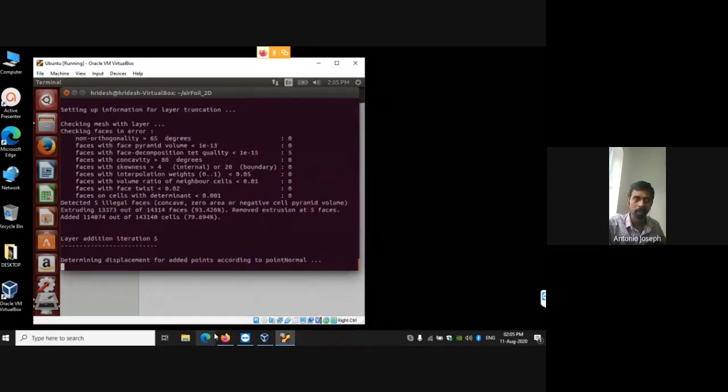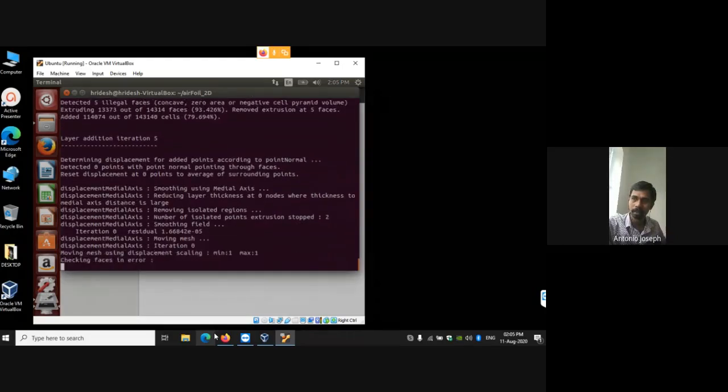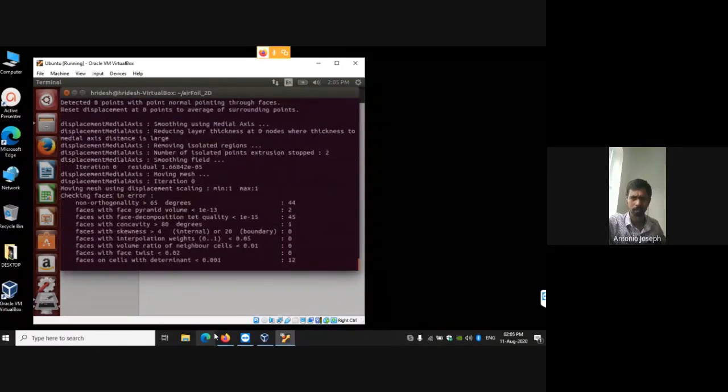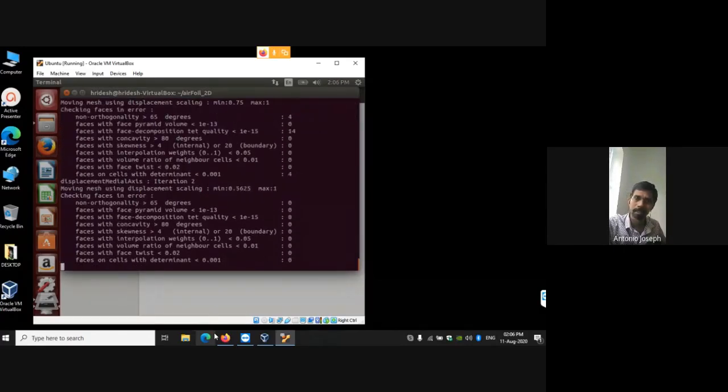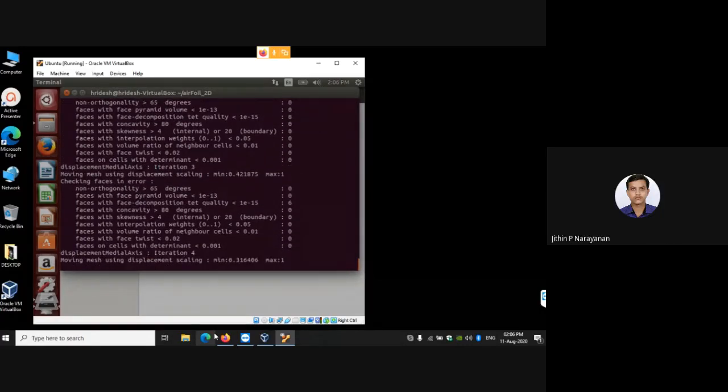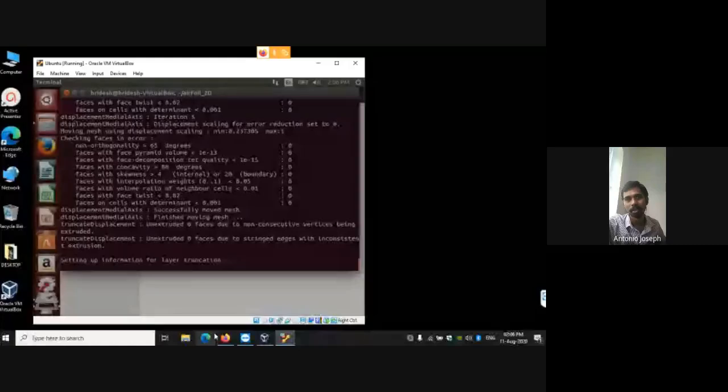Now I am giving convertToMeters as 0.01, which is 1 by 100 of a meter, that is a centimeter. So all the vertices given by us will be in centimeters. If it is 0.001, that will be in millimeters.